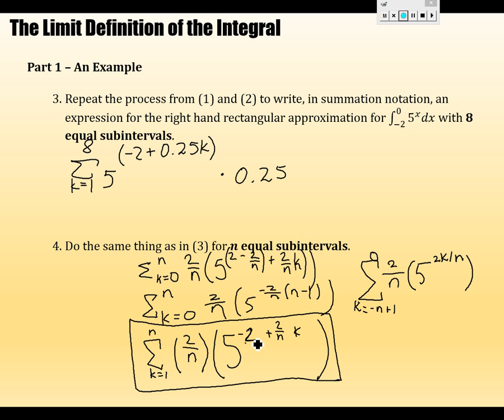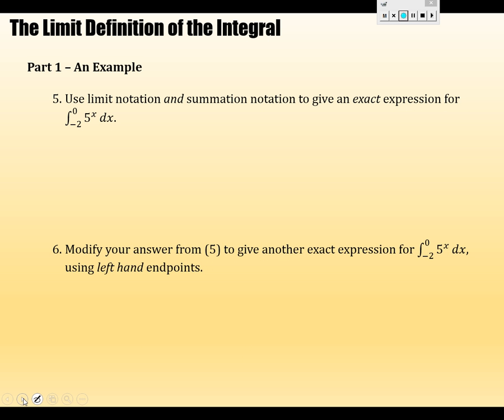The right-hand endpoint of the first rectangle is not negative 1.5. It's negative 2 plus whatever delta x is. So one copy of that. All right, so I'll write this one. The limit as n goes to infinity is what we want for this, right?